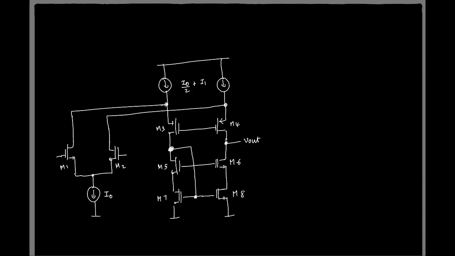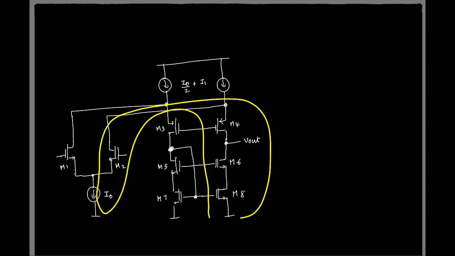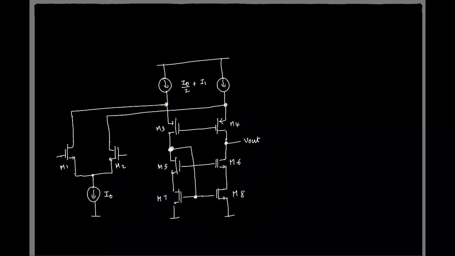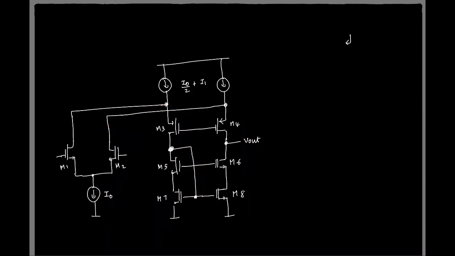But I will not go through the detailed calculation. We know from our past experience that finally the expression turns out to be the output impedance of one differential half, right? So we'll directly try to write it. So let me draw 1/2 of the circuit.